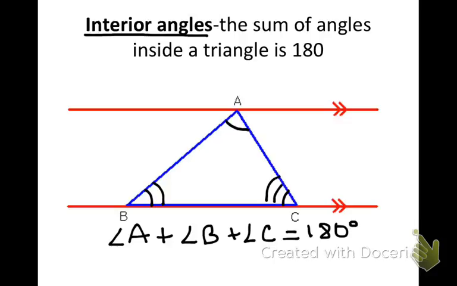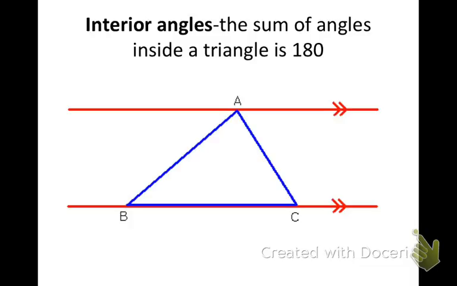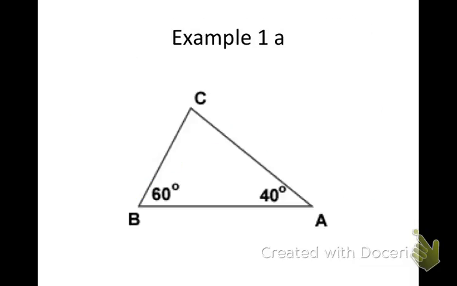So we're going to try some practice problems. So, example 1A. Go ahead and write that in your notebook. So, we know that the sum of the angles must equal 180 degrees. Again, we know angle A plus angle B plus angle C must equal 180 degrees.